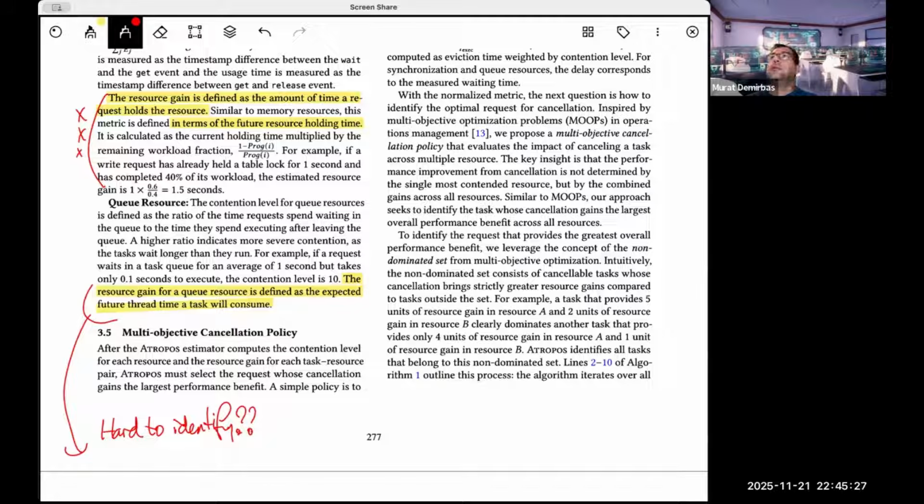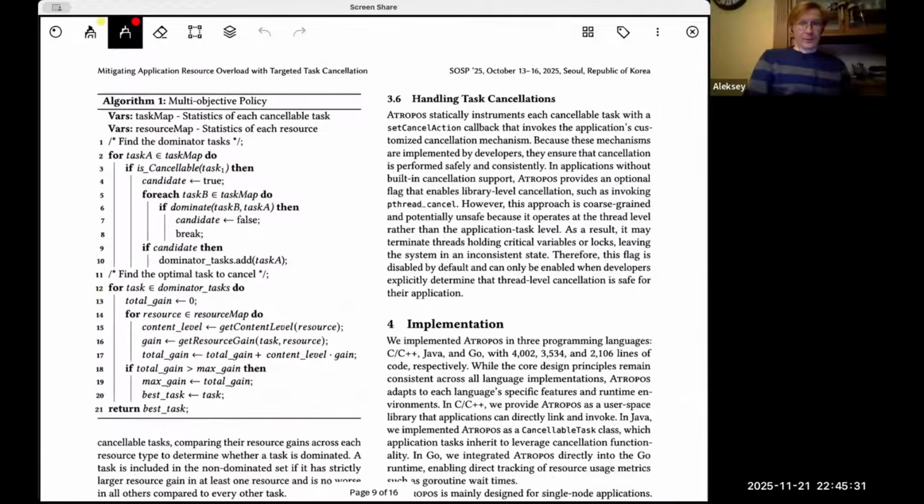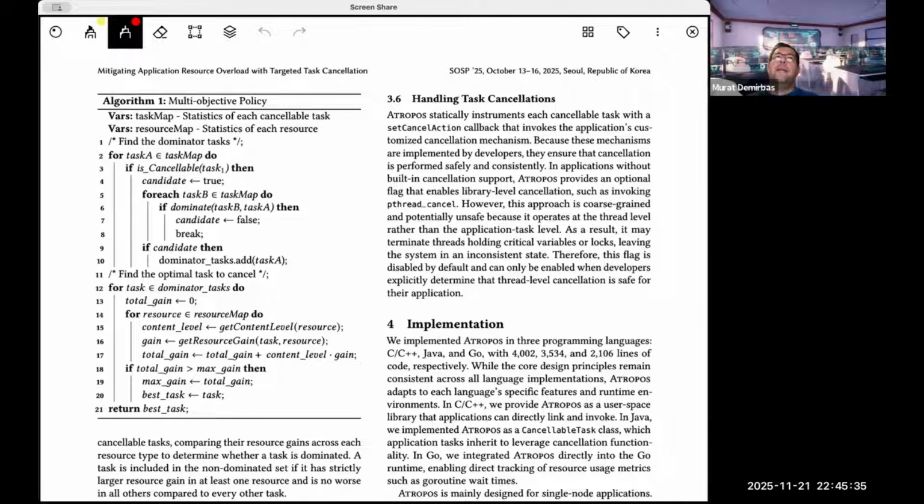Multi-objective cancellation policy. Shall we skip this? So that's how they decide what to cancel, right? Algorithm 1: statistics of each cancelable task, resources map, statistics of each resource. Find the dominator tasks. Find the optimal task to cancel.